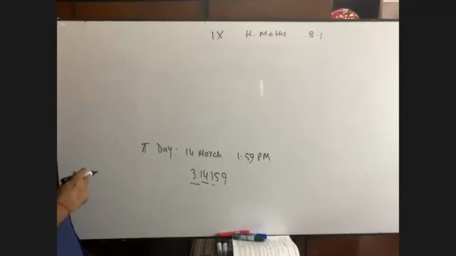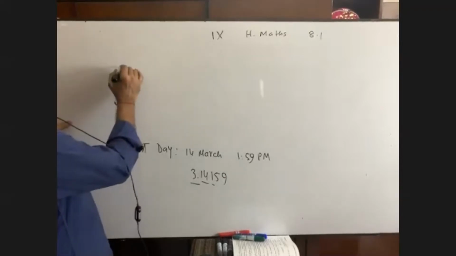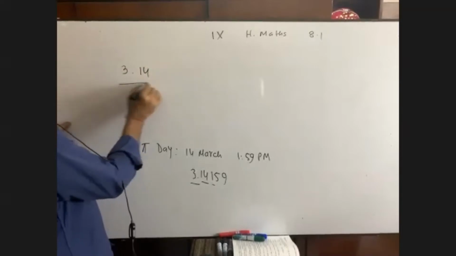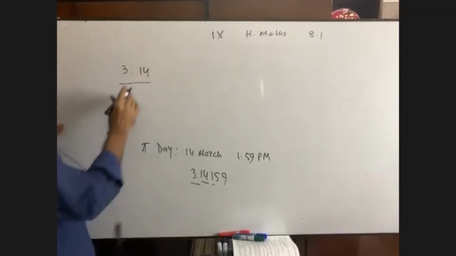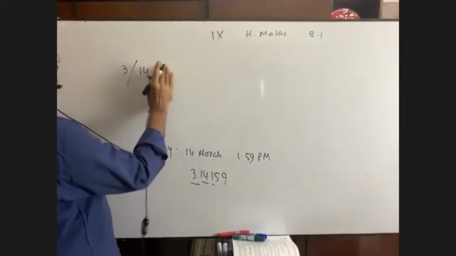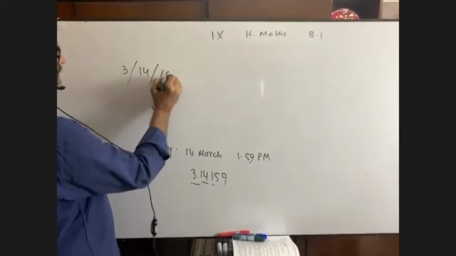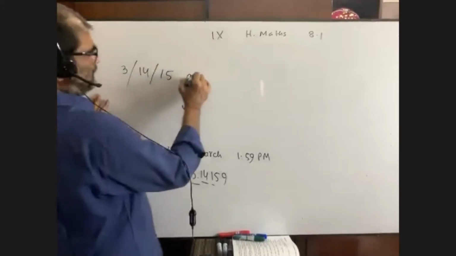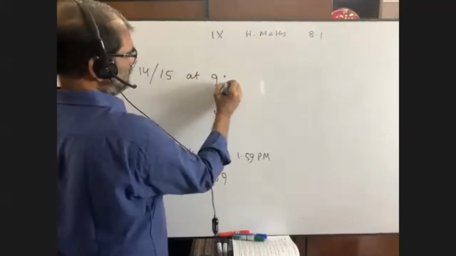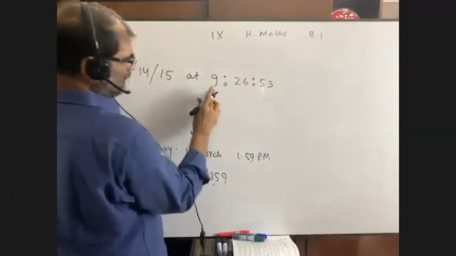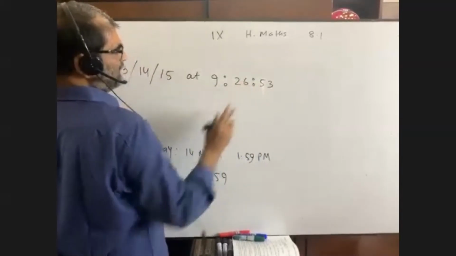Anyway, you see again, the ideal Pi Day was celebrated, you know when? If it is written 3.14, 14 March, I'm writing the date 3/14/15. 15 means 2015, at 9:26:53, 9 hours 26 minutes 53 seconds.